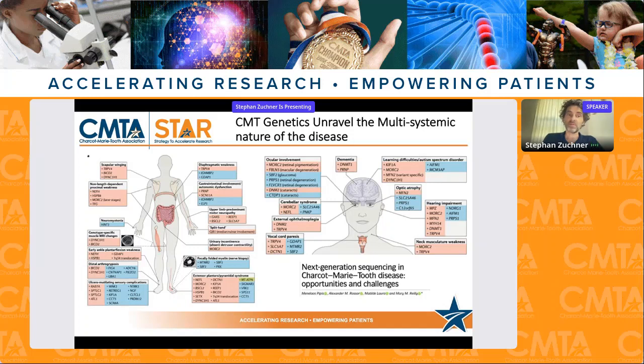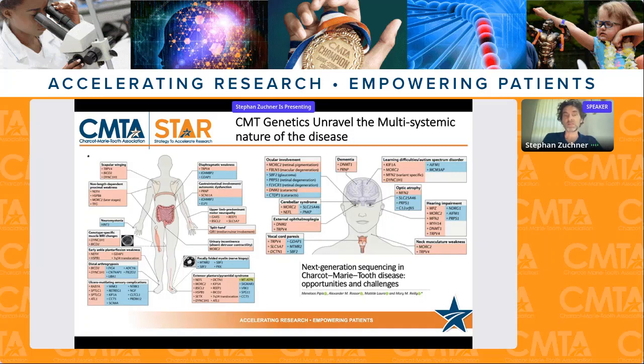We have found patients that also complain that their eyesight is affected, that their general brain function might be affected, their muscles might be affected, and so on. So what you experience as a CMT patient with the weakness and the sensory symptoms is what is visible, but under it there could be other issues going on.